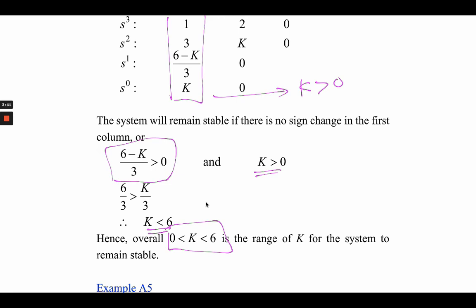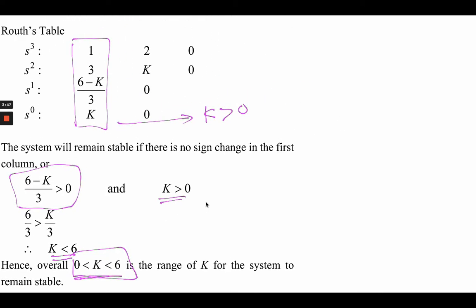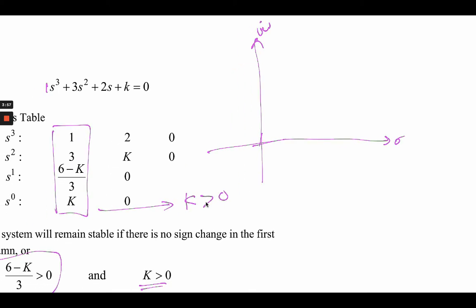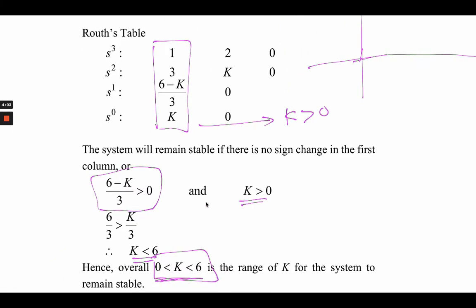What does it mean? When we see this kind of range, we know that at some point, this is the s-plane, and this is the j omega axis, this is the real axis. As we increase the value of k from 0, 1, 2, 3, 4, 5, the system will be stable.